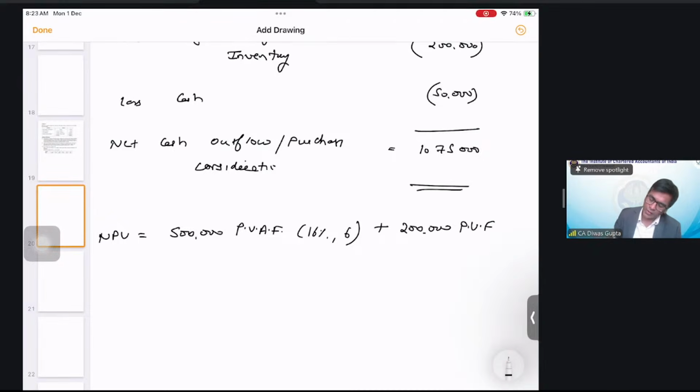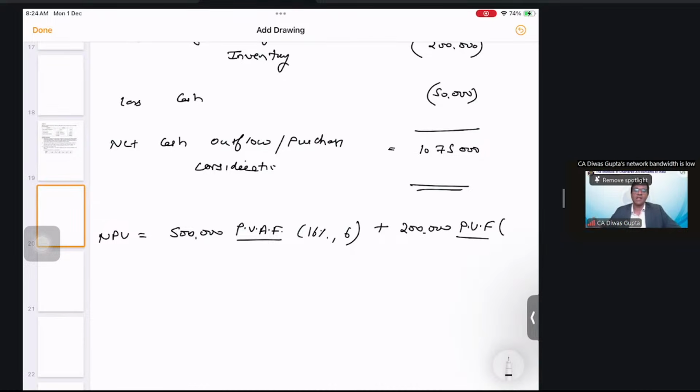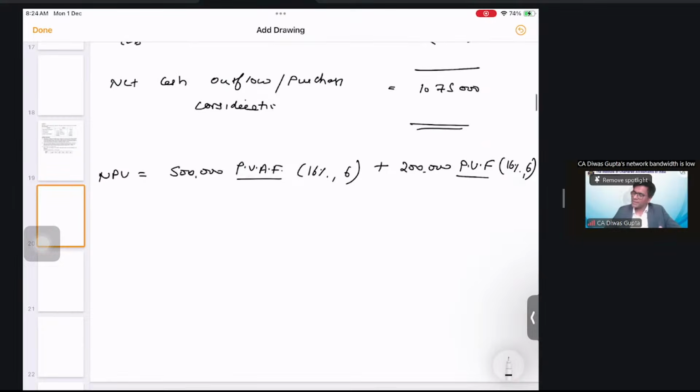So students, please do remember, this is the present value annuity factor, and this is only the present value factor. Why? Because the present value annuity factor means that every year you will be getting 5 lakh rupees, and hence the cumulative amount has to be taken. But in the case of 2 lakh, which is just a present value factor for 6 years, that's all. That too for 16% and 6 years.